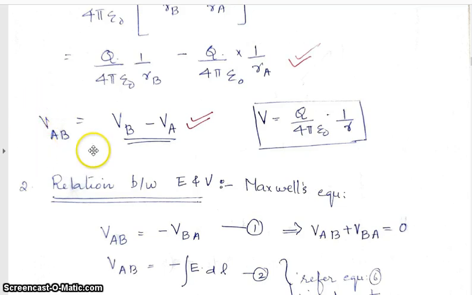Now VAB is equal to VB minus VA. This first term will give you the potential at B point, and the second term will give you the potential at the first point A. So that is equal to VB minus VA. So if you have to calculate VBA, then your expression will be VA minus VB.